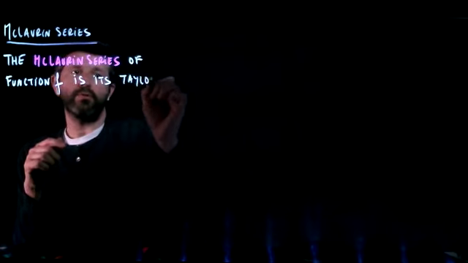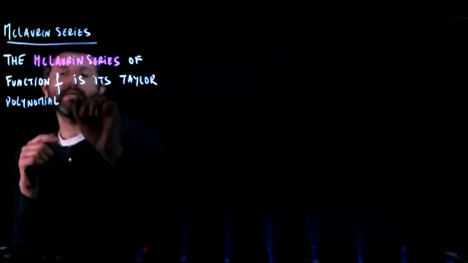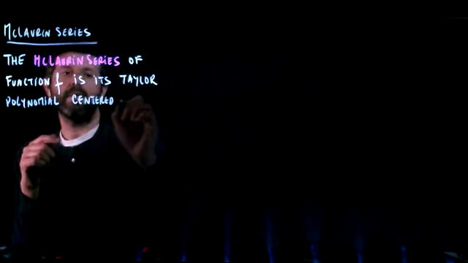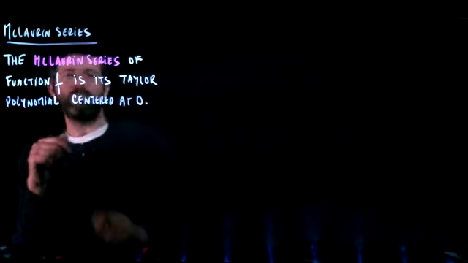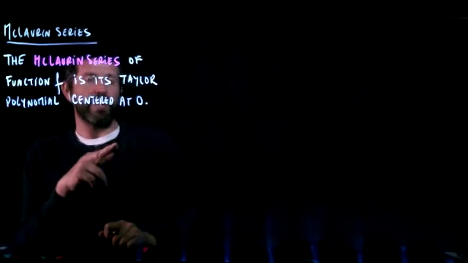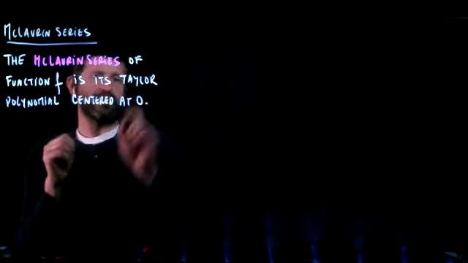It's the same thing as what we just did, but it's centered at 0. The MacLaurin series is exactly the same as the Taylor polynomial, except that it's centered at 0.